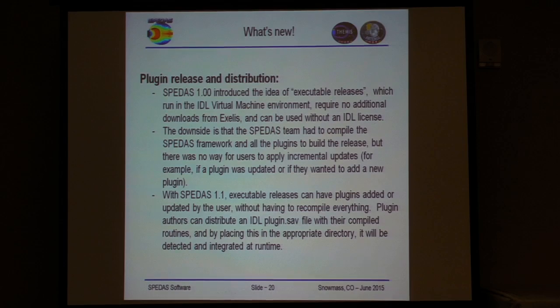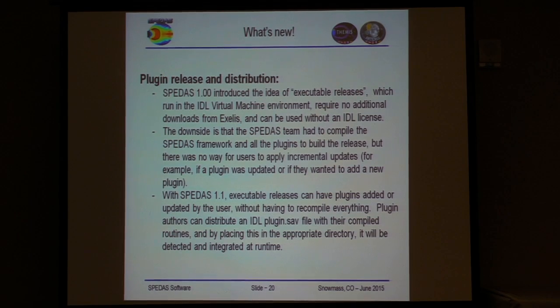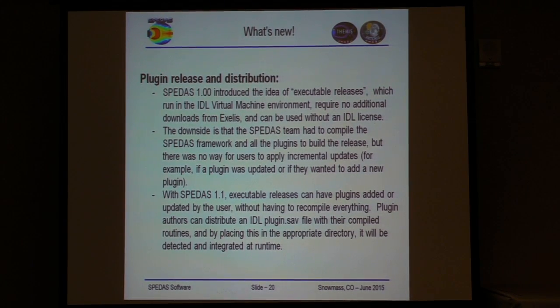Now, before we had SPEDAS 1.0, we did something like this. We made the save files available, but the user would have to go to Excelis, register on their site, click through all their marketing stuff, and download the whole IDL distribution, just to get the IDL virtual machine player. And that was really kind of a hassle.